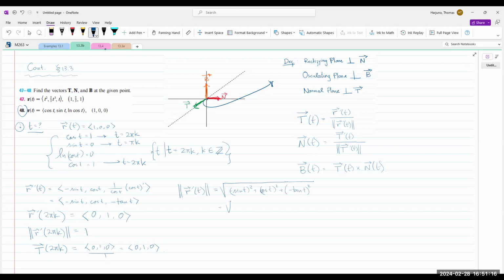The first two terms give us 1, plus tangent squared t. That is secant squared t, so the square root is the absolute value of secant t, just to make sure that it gives us a positive value.